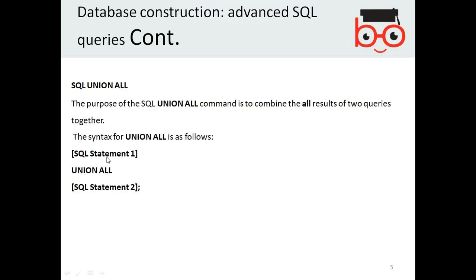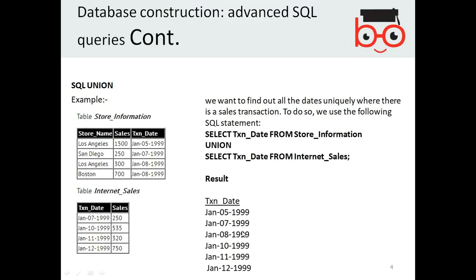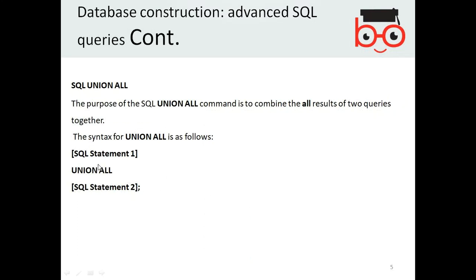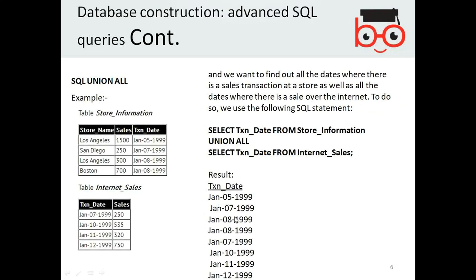Then union all. In this result, union skipped the duplication, like the 7th one. It skips the repetitions. When you say union all, then it does include the repetition as well.